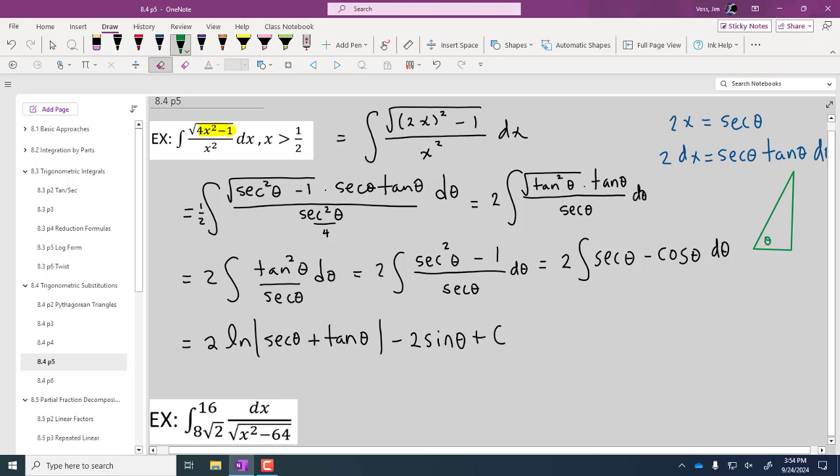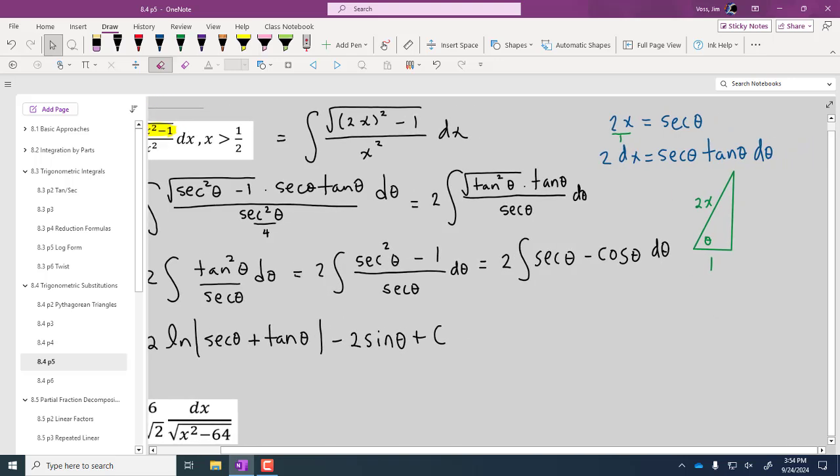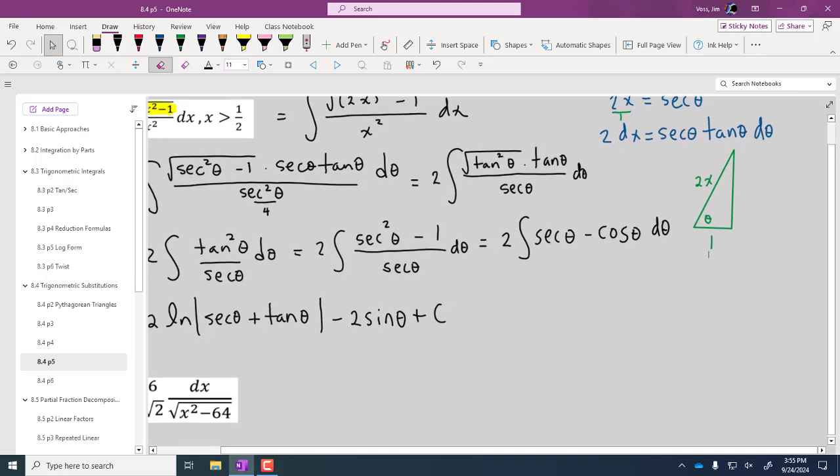So secant is hypotenuse over adjacent. We want that to be equal to 2x, so we can think of this as 2x over 1. So we're going to go 2x and 1. And then our missing side over here is the square root of 4x squared minus 1.